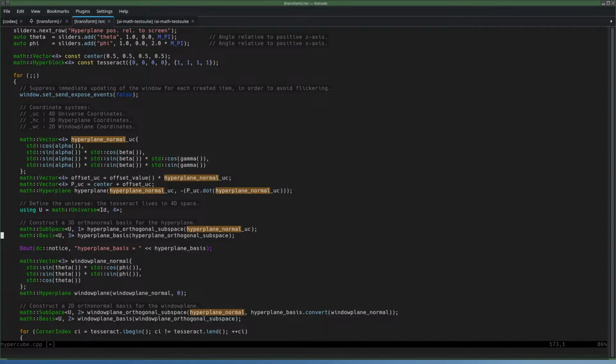Let's just check the vectors. It's only those two, of course.